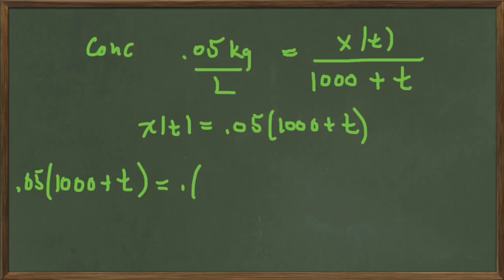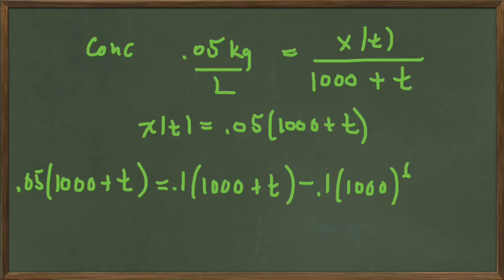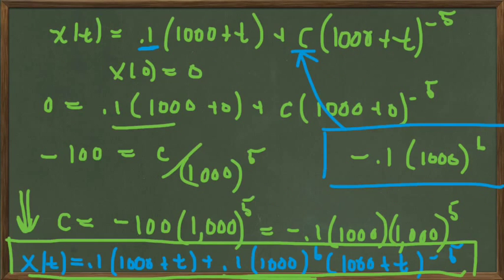0.1 times 1000 plus t, and then minus 0.1 times 1000 to the 6th, and 1000 plus t to the minus 5th, right?